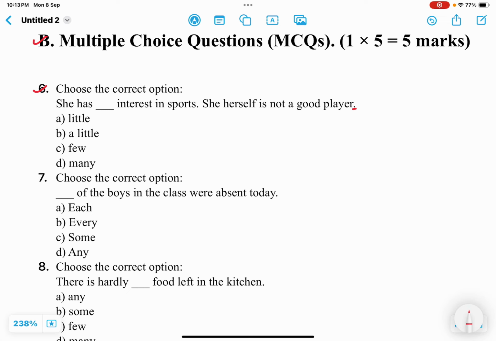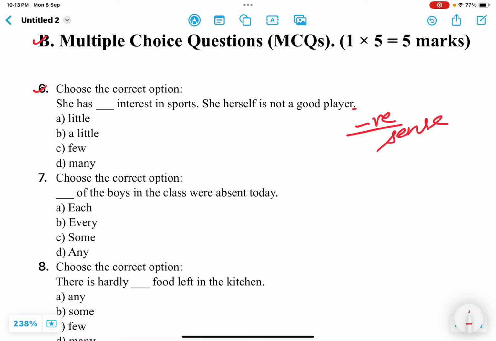Do pay attention once again to the meaning that the sentence wants to convey. The sentence is telling us that the girl is not a good player, that's why it means she is not interested at all in sports. That means this sentence is referring to a negative sense.